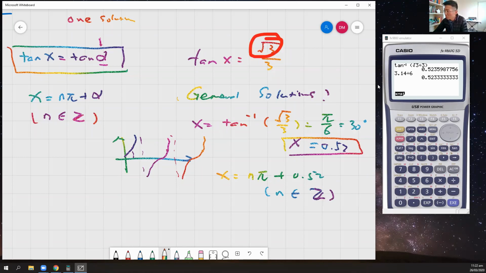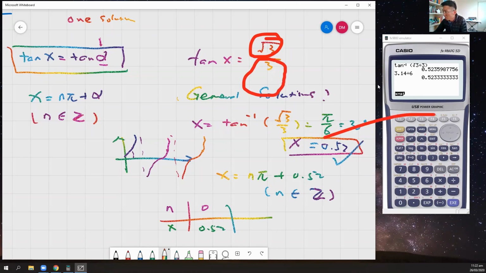So just have a look. When n is equal to 0, you will have x equals 0.52. That's the first solution that we have, one solution.